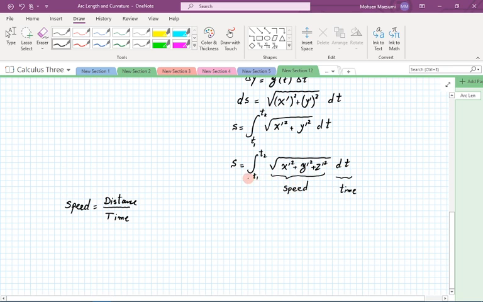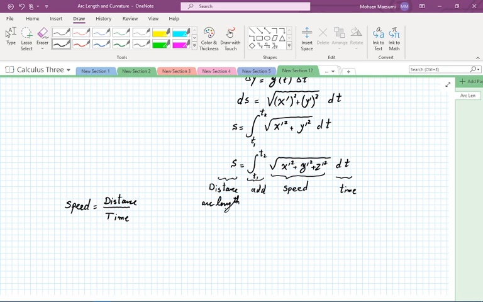You just add them up. So this simply means add all these little pieces. And what is S? S is the distance traveled, which we are now giving another name, arc length. The distance you are traveling is the length of the arc you are dealing with, assuming you are going in one direction. So that is really the formula we have.